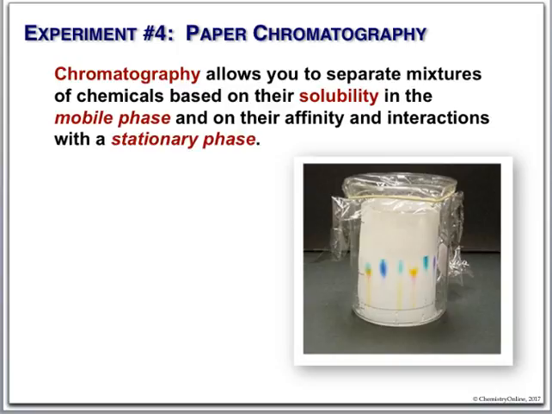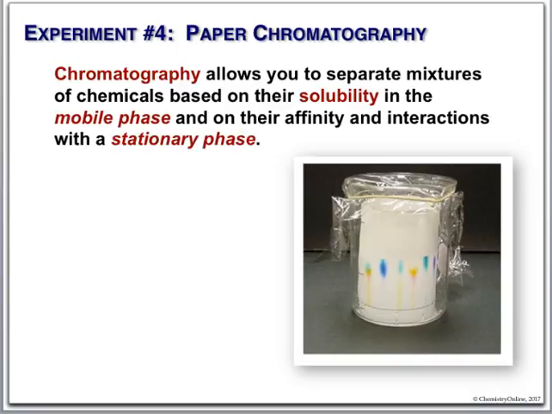The stationary phase here is the paper. It's basically cellulose, and there are compounds that will interact strongly with the cellulose backbone, and there are compounds that won't interact at all.